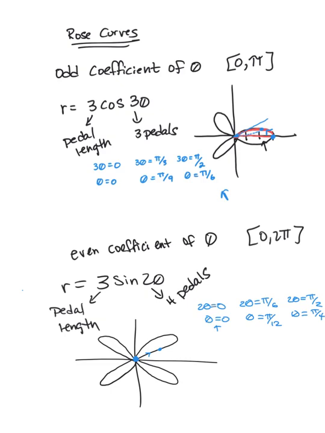Now when theta is pi over 4, it's just symmetrical right here. When I substitute that in, I'm going to end up with sine of pi over 2, which is 1. So this is where you're going to see the petal length of 1. Okay, so from here to here, which is from 0 to pi over 4, I'm getting half my petal.